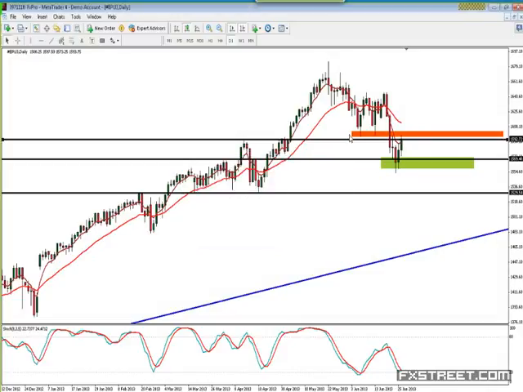Would this resistance now propel it down to make lower lows? I don't think so, based on the amount of support that it's hit. That's a subjective call, but experience and making a discretionary call is in play here.